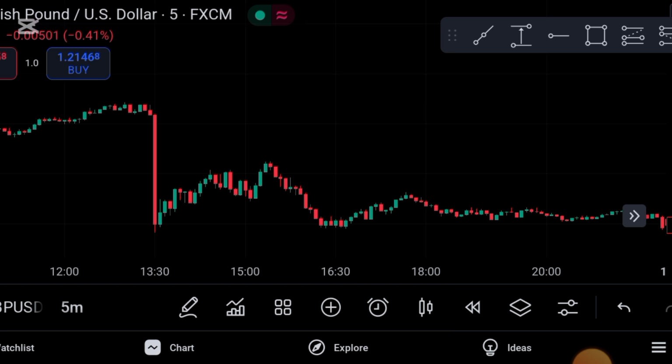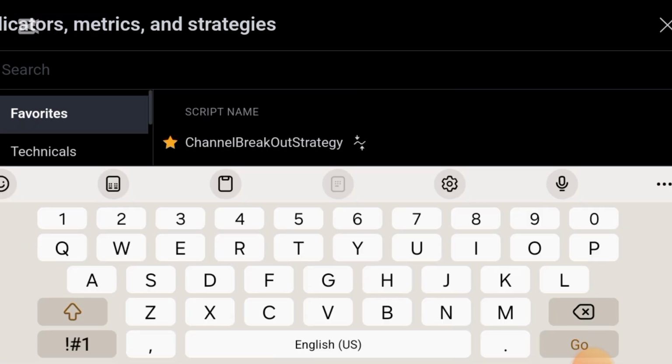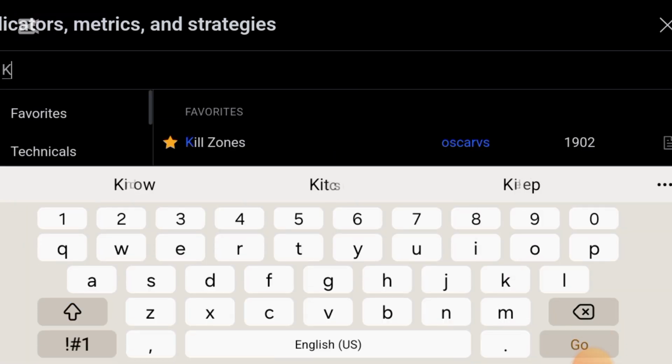Okay. So what you're gonna need for that, you are going to need an indicator. The indicator is called a kill zone. So you're gonna go to your indicators and type kill zone.